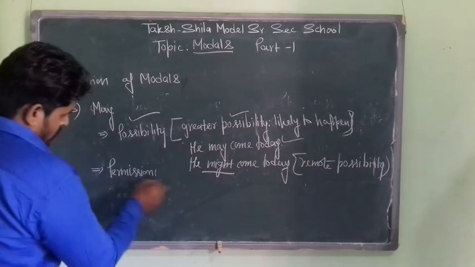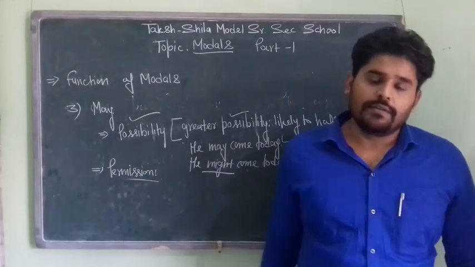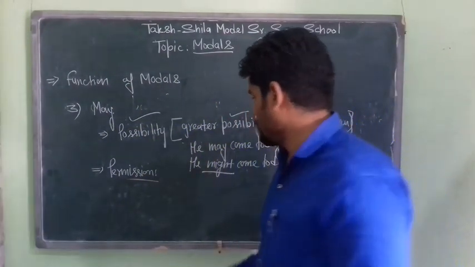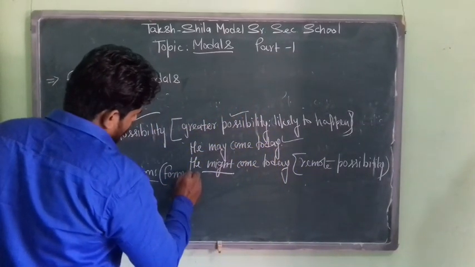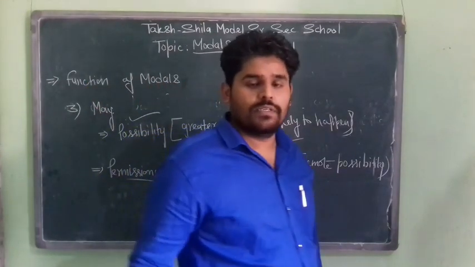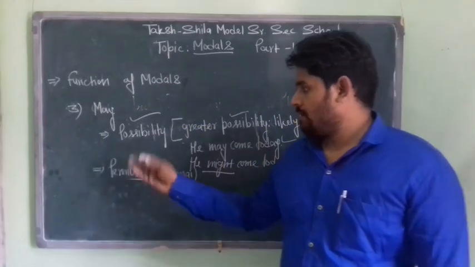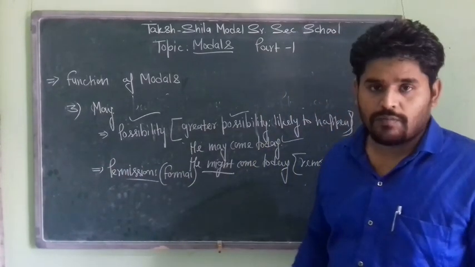So may is used to express permission, taking permission from our seniors. What kind of permission is this? This is formal permission. The permission that we read about in can was informal, but this one is a formal permission.